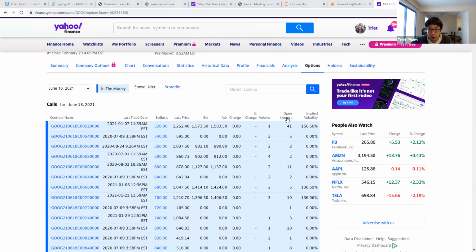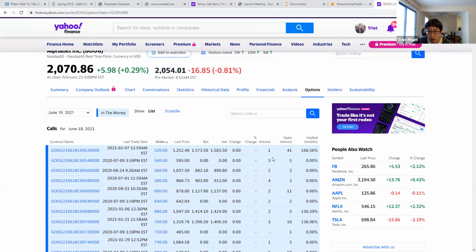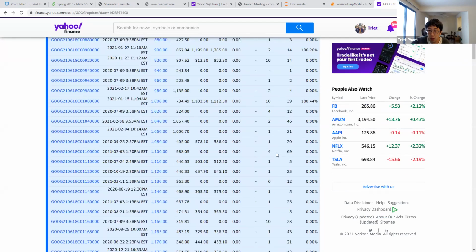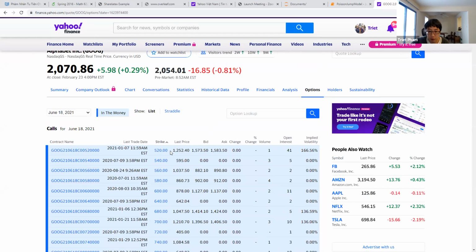So for very low strike, notice the volume. Volume tells you roughly how much it has been traded. It is not really actively traded for very low strike. And that probably is a reason why. This is really deep in the money.